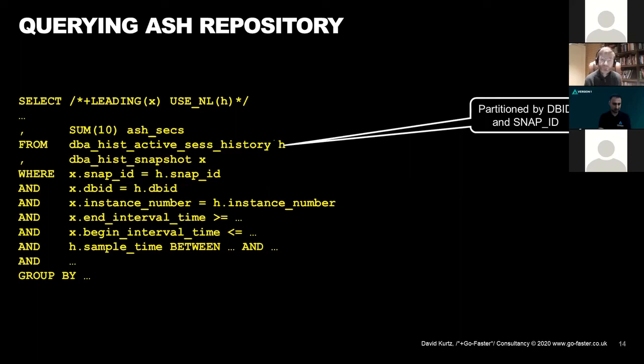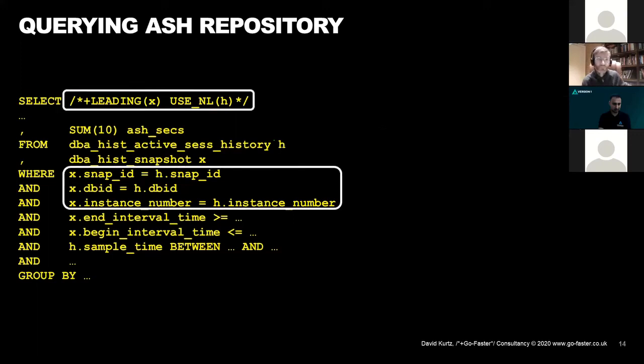Therefore, I always join in the snapshot view so that I can obtain the range of DBIDs and SnapIDs from that. If you simply query the ASH data by time, you will end up scanning all the partitions. So join them by the keys and force it to start with the snapshot view. Sometimes it won't do that on its own, it has to be helped.